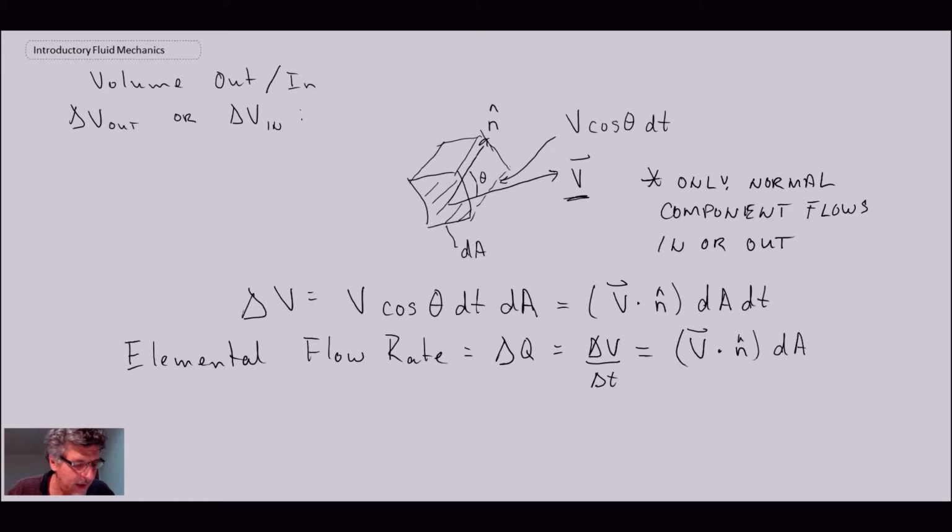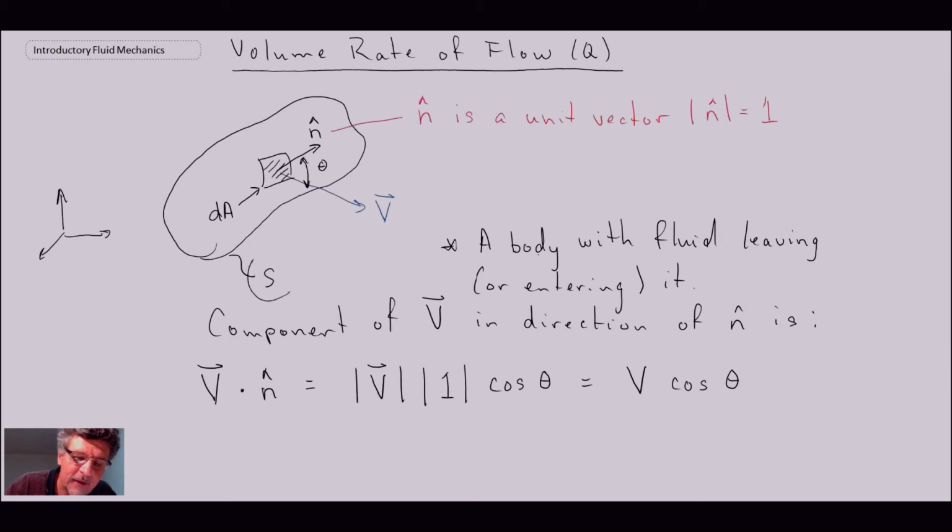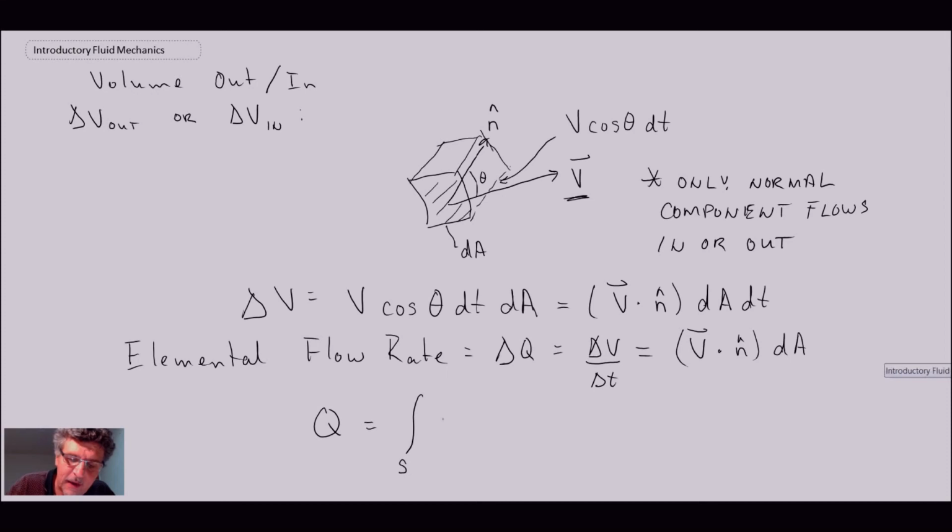So what we end up with for the volumetric flow rate into or out of a surface is a surface integral over that entire kidney-shaped object that we had. So over this entire surface, we would apply a surface integral. And the expression that we would be integrating in order to get the volumetric flow rate is the velocity vector on the surface dotted with a unit vector normal to the surface, multiplied by the area itself, dA.